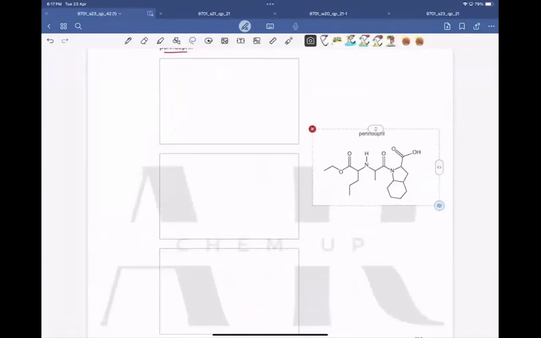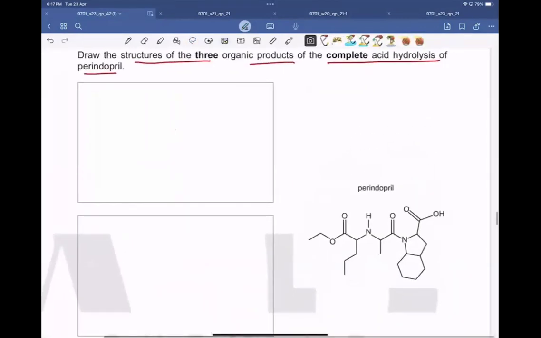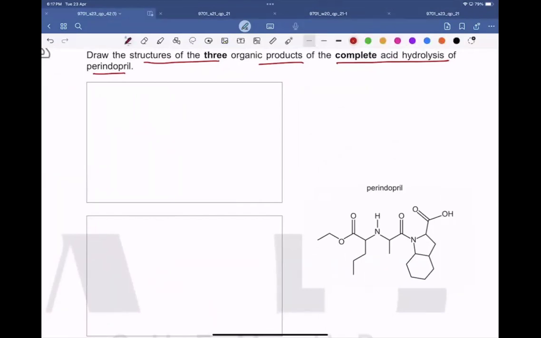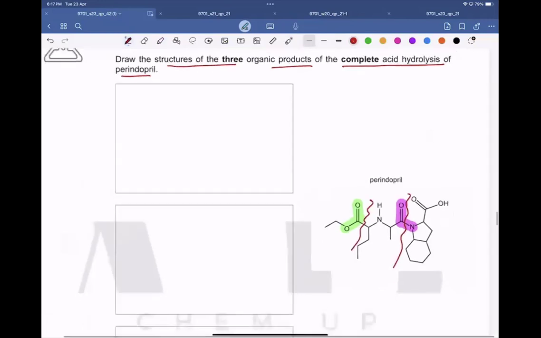Amides are hydrolyzed, esters are hydrolyzed, right? If you see over here, this is an ester link and this is an amide link. So it is going to break down from these two links. So we get these three parts.